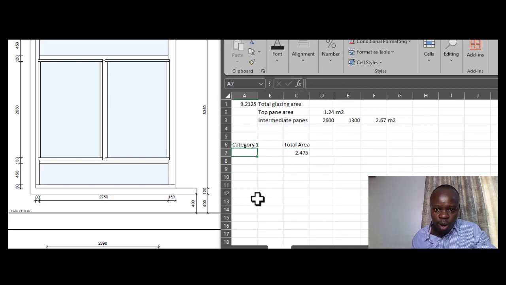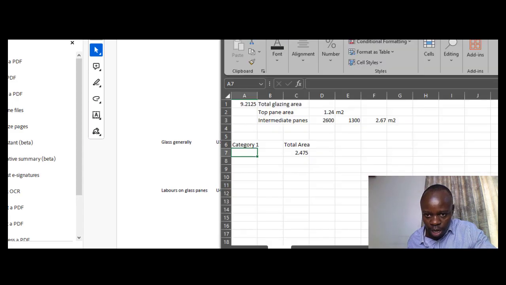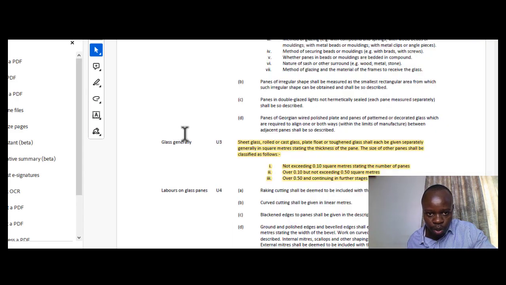But then that category 1, in terms of the classification, is the one that you need now to identify. It's 1.24. So 1.24, where does it fall? Not exceeding 0.1 square meters, stating the numbers, no? Over 0.1, but not exceeding 0.5. The other one is over 0.5, not exceeding 1. So over 1, not exceeding 1.5, and so on.